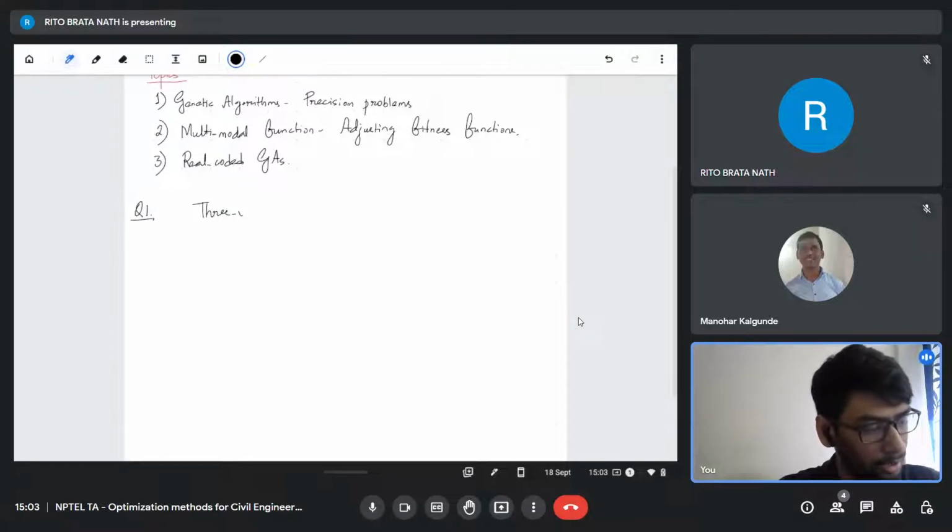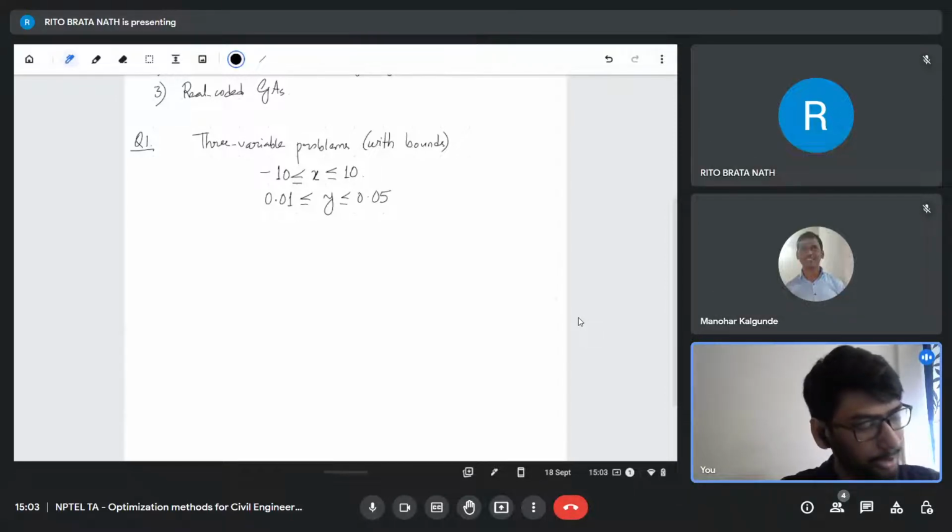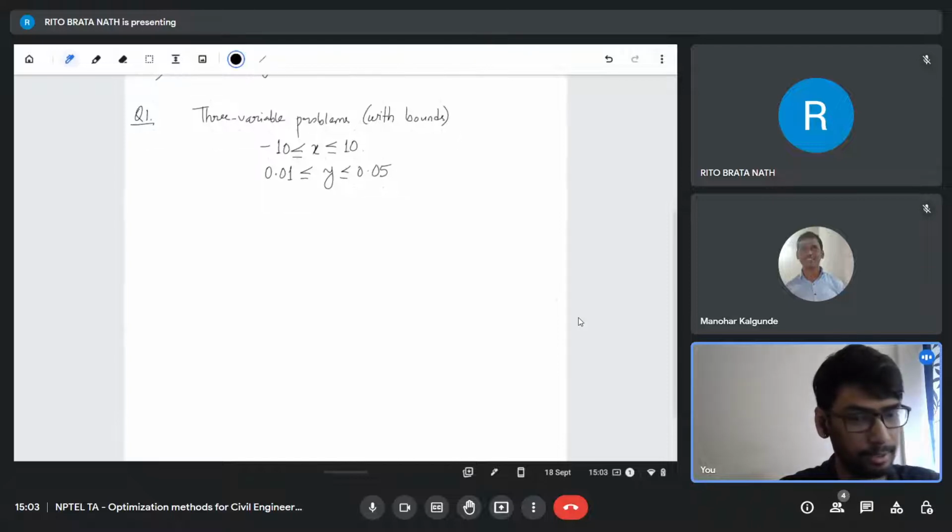Next, for y, I can give you 0.01 less than or equal to y less than or equal to 0.05. And finally, I give you z, and z can be between 10 square and 10 cube. I think you'll find a similar problem in your assignment as well. I have just modified the numbers here and there.